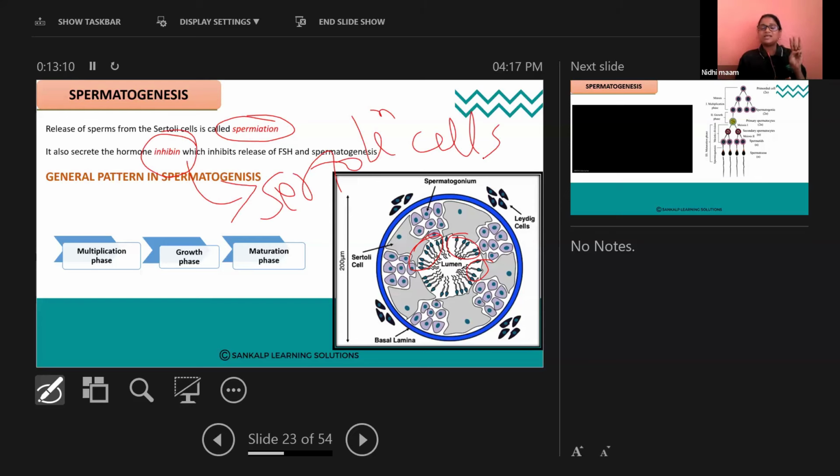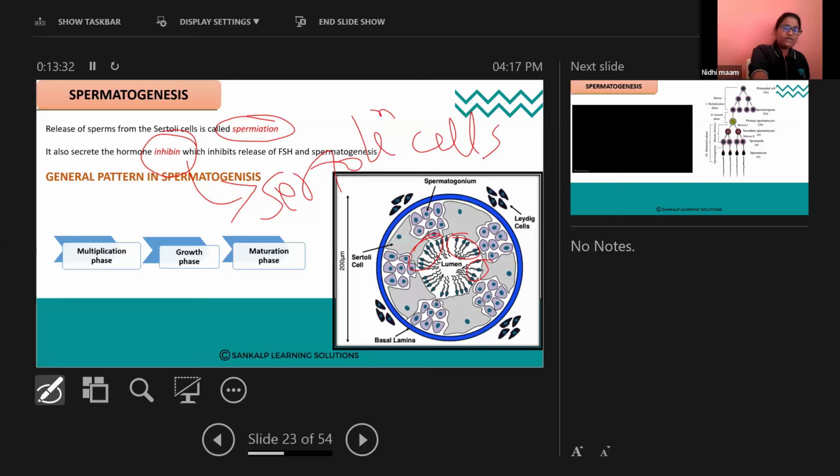The third one is it releases a hormone named inhibin, which inhibits the release of FSH, follicle stimulating hormone, ಮತ್ತೆ spermatogenesis ಅನ್ನ inhibit ಮಾಡತ್ತೆ, ಸ್ಟಾಪ್ ಮಾಡತ್ತೆ. So all these 3 are the functions of Sertoli cells.